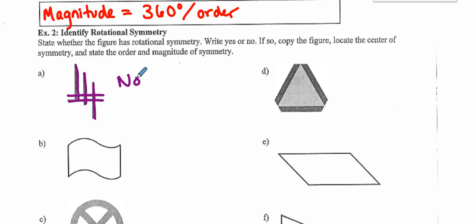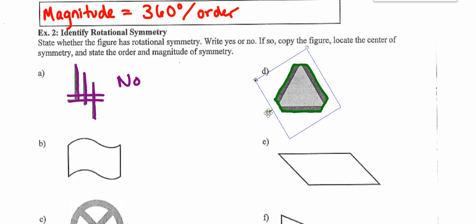Now let's go ahead. I can just, once again, copy this figure, just trace it real quickly. And then I can do some rotating. Well, that piece did not connect. Okay, I've got it connected now. So let's go ahead and rotate that. Okay, now, just move that a little bit.